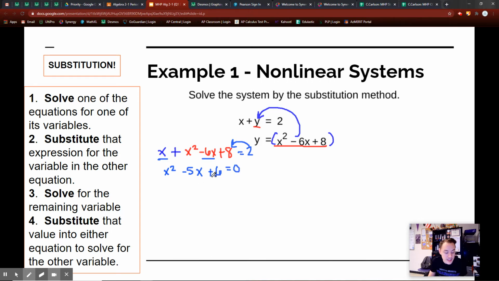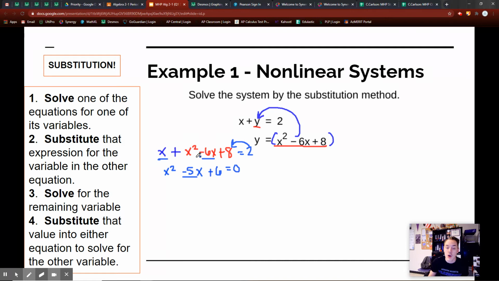Now, what you see here is something that you can factor. This is something that we should remember how to do in Algebra 1 because it was the major thing in Algebra 1. So pay very close attention. If you don't remember anything from Algebra 1, this is you that I'm talking to. How can I have factors of 6 that somehow, some way add up or subtract to my negative 5 here?